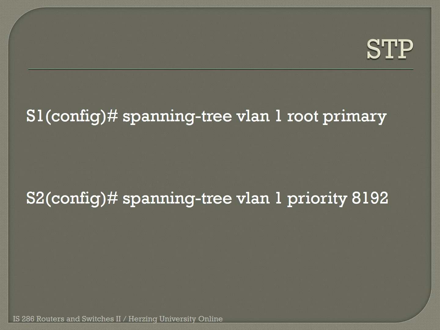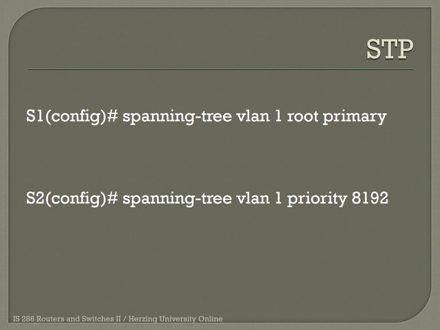There are actually 2 different ways that we can adjust the priority value, thereby designating which switch will be the root bridge ourselves. The first is to use the spanning-tree vlan ID root primary command.